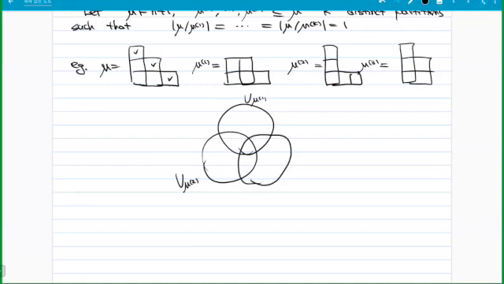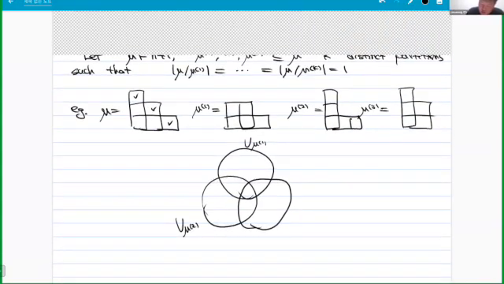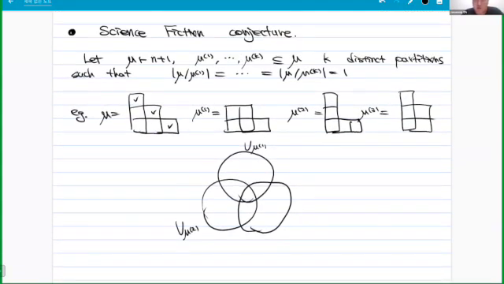Question. Those removable corners, there must be some condition on which corners are removable, right? It's not any corner, right? You can remove any removable corner, but you have to define what a removable corner is.